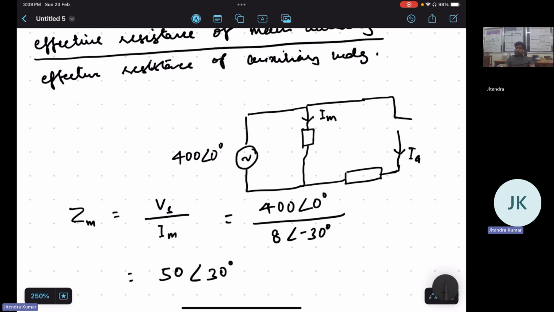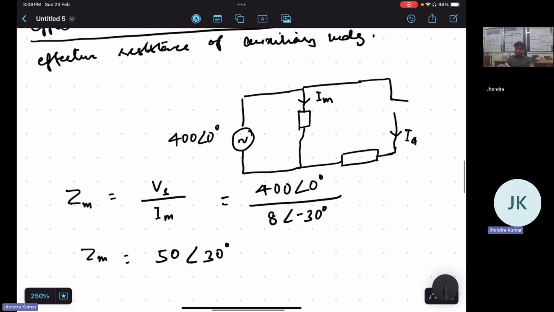Now since we have calculated impedance, we can calculate the resistance as well as reactance. So what will be this 50 angle 30 degree in terms of resistance? We can write it in the form of real as well as imaginary.